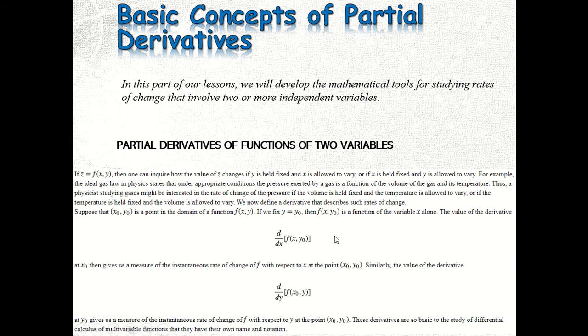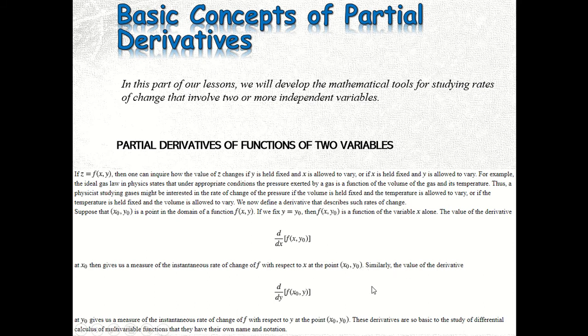So the value of the derivative of f(x, y sub 0) with respect to x at x sub 0 gives us a measure of the instantaneous rate of change of f with respect to x at the point with coordinates (x sub 0, y sub 0).